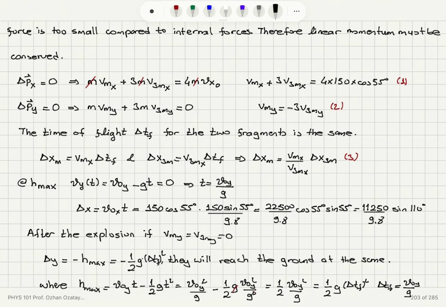So from equation 1, we have velocity of the 3mx component times the time of flight here, delta Tf, and the time of flight is related to V0y over g.